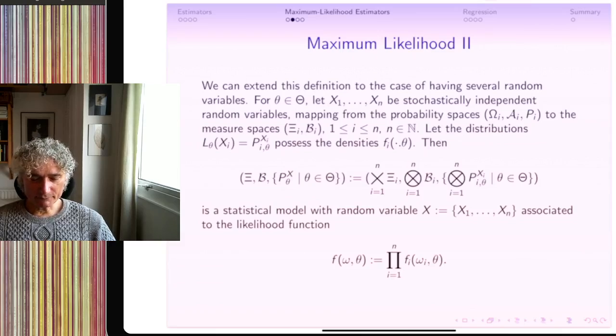And now all the spaces here are just the Cartesian products of these single observational spaces xi i.